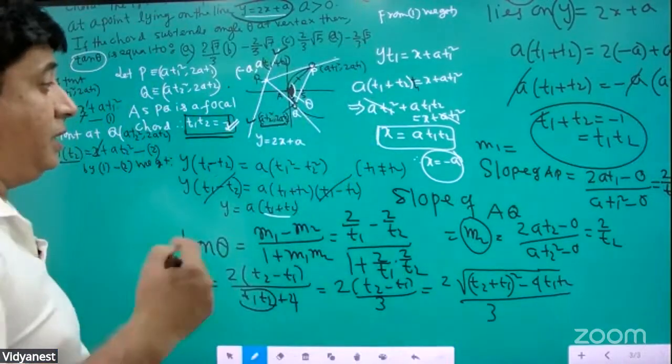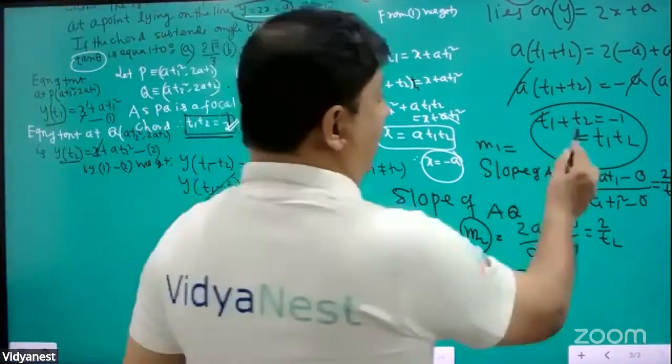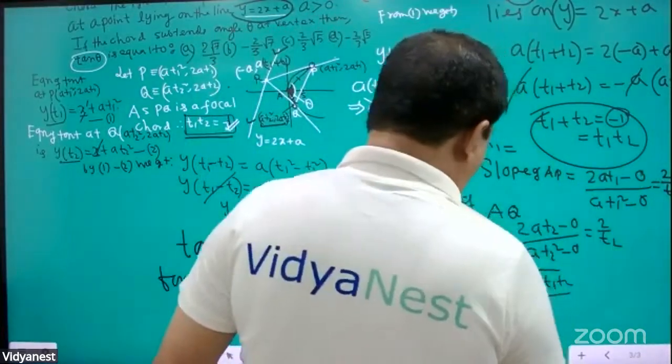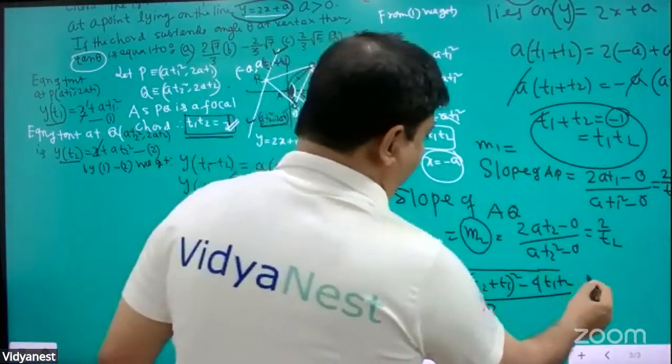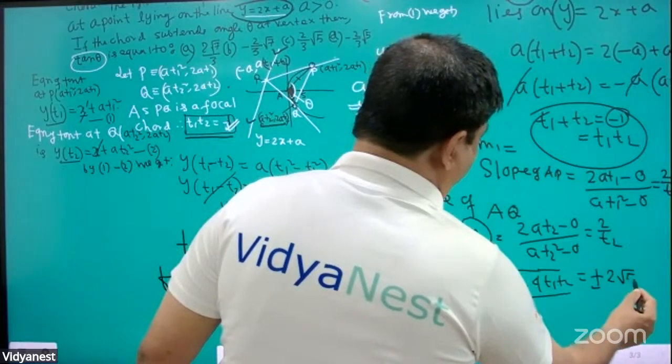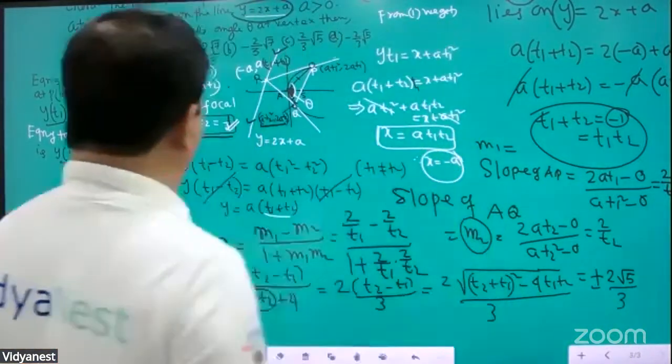Now you can ask me, where is t2 plus t1? I will say it is minus 1. Where is t1 t2? Minus 1. Put here, you will get plus or minus 2 root 5 by 3.